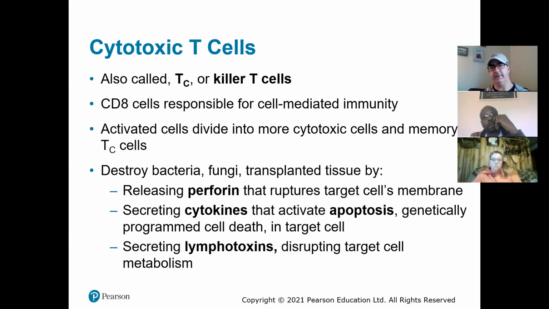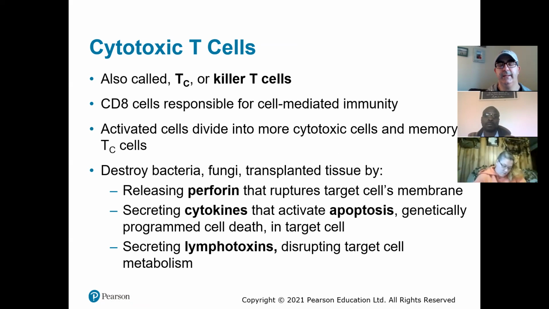CD8 cells are killer cells, right? Cytotoxic T cells. Cyto means cell, toxic means killing. Once these are activated, they clone themselves so that you have more cytotoxic cells and memory cells. So they destroy bacteria and fungi, okay? They actually can do a bunch of different things. They can release these chemicals that poke holes in the bacteria, right?